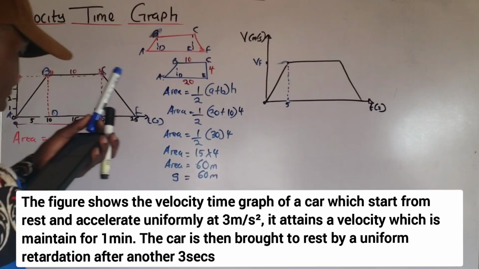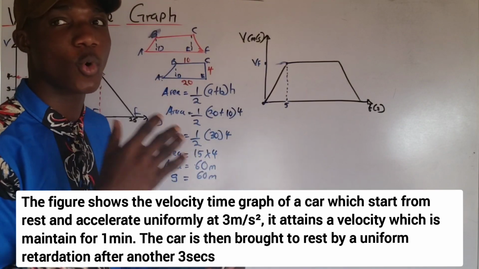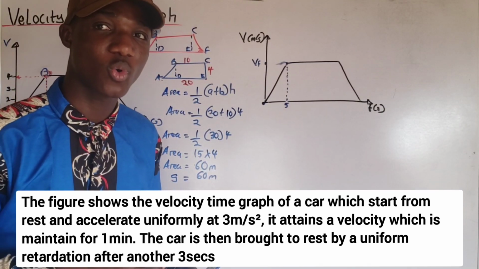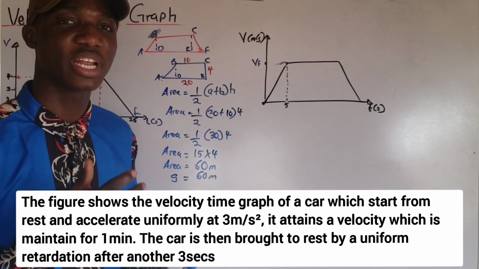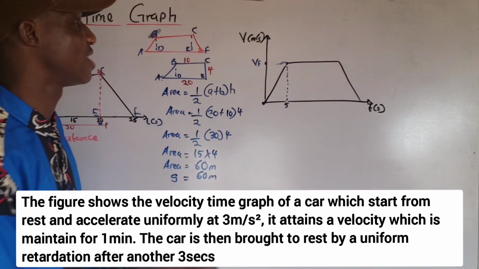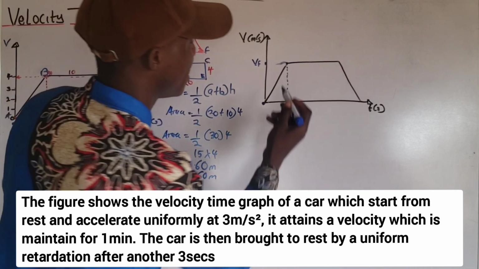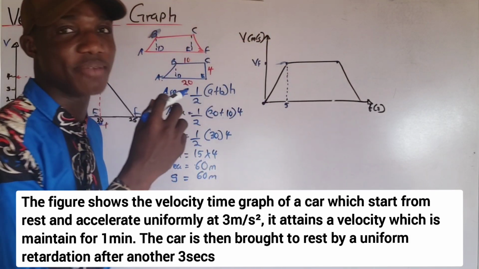Now, the question says it attains a velocity which is maintained for 1 minute. Our time is represented in seconds, so we are going to use seconds. Change 1 minute to seconds. 1 minute is equivalent to 60 seconds. So it maintains that velocity for another 60 seconds. So that means that from this point to this point, the time is 60 seconds.